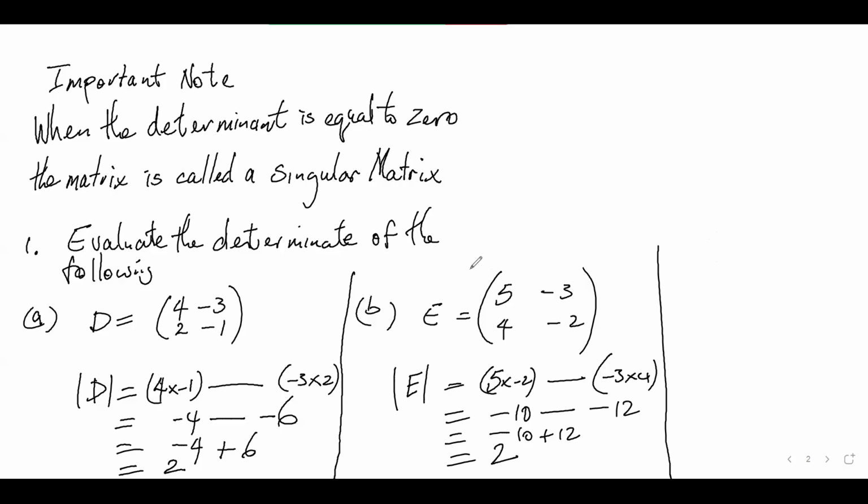Giving you, let's see. C is equal... Oh, no. G is equal to 7, 14, 2, 4.